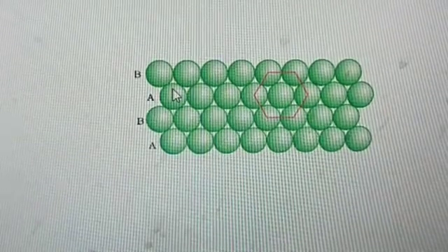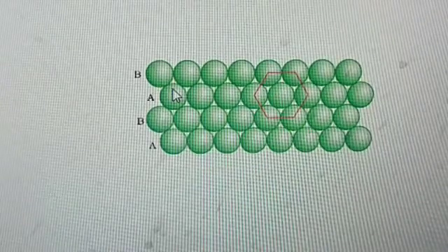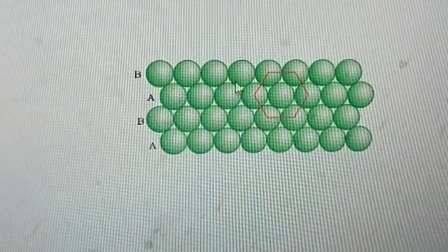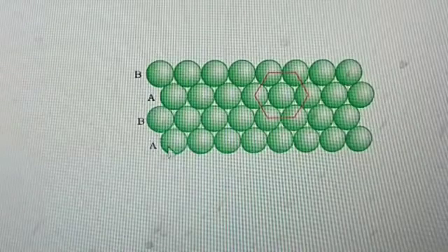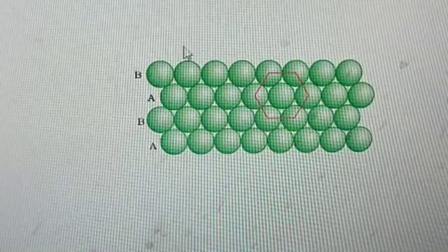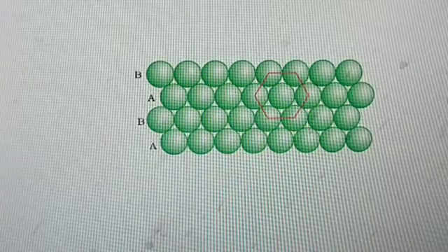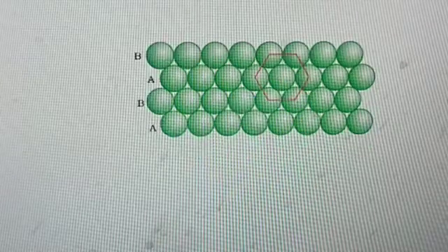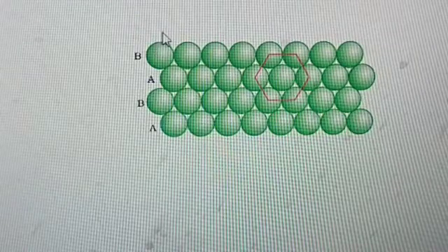We can clearly observe this. Now, in this type of arrangement, this is one type of layer, and this is another layer. We can call it AB arrangement. What can we call it? AB arrangement. So, that is called AA arrangement.